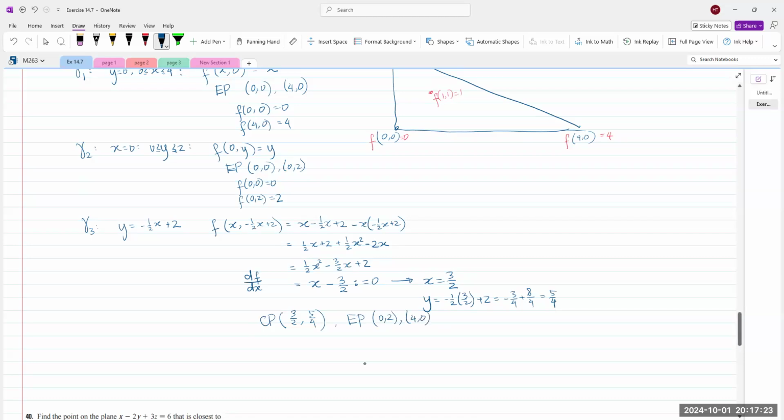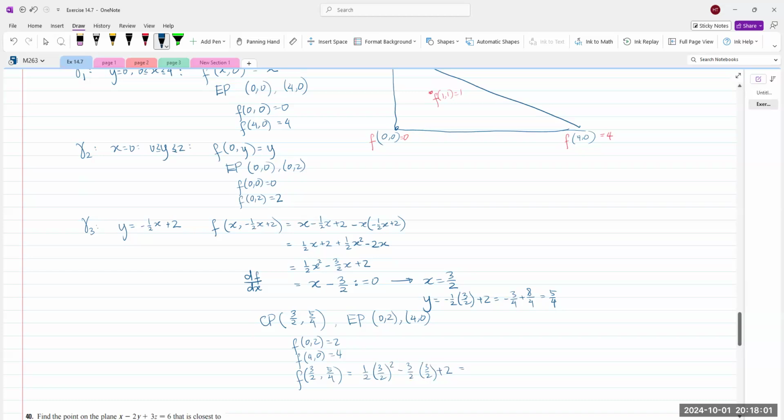Now we already have the values for those endpoints, right? The value at 0, 2 is 2. The value at 4, 0 is 4. But how about the value at 3/2, 5/4? You can plug x into here, because y is already a function of x in that case. So this is 1/2 times 3/2 squared minus 3/2 times 3/2 plus 2.